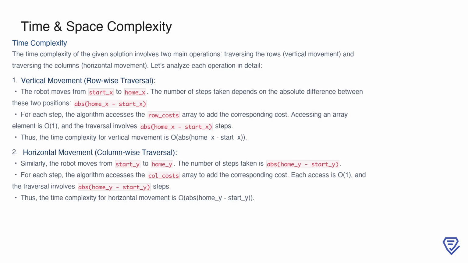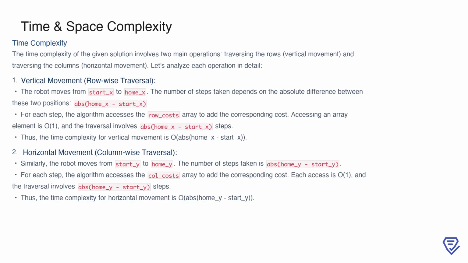When analyzing the time complexity of this solution, there are two main operations to consider: the robot's vertical movement along the rows and its horizontal movement along the columns. First, let's focus on the vertical movement. Here, the robot travels from its starting row, start_x, to its target row, home_x.